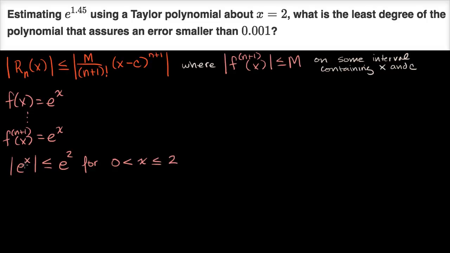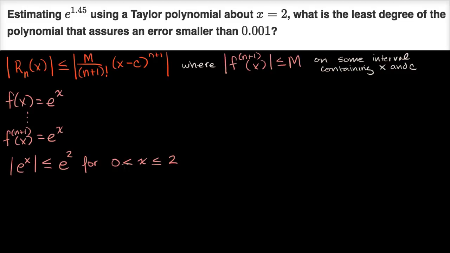E to the x isn't bounded over its entire domain. If x goes to infinity, e to the x will also go to infinity. But here I've set up an interval that contains the x we care about.